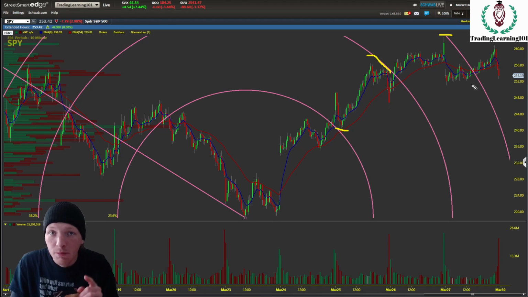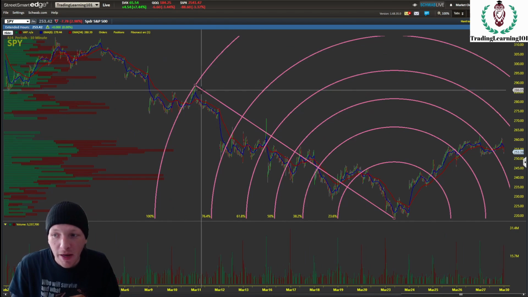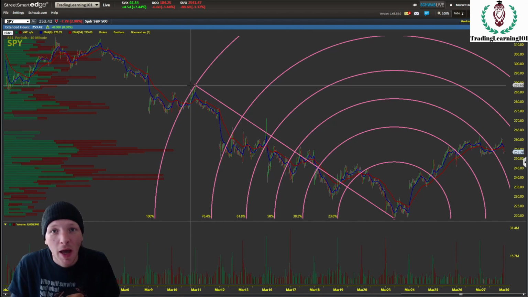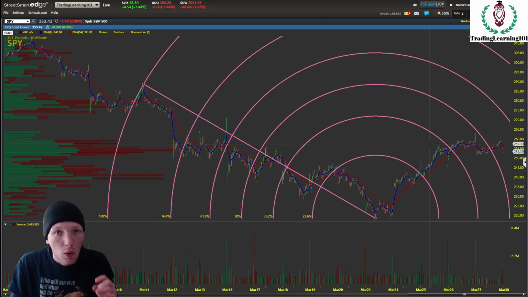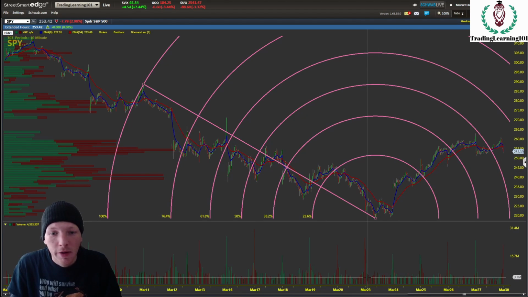And another important thing I wanna mention with Fibonacci arcs, and this is really important: the longer your baseline is from a swing high to a swing low, the wider the rings are gonna be. And you gotta be careful with that range. If you're trying to trade with Fibonacci arcs, you always gotta keep note of the range.